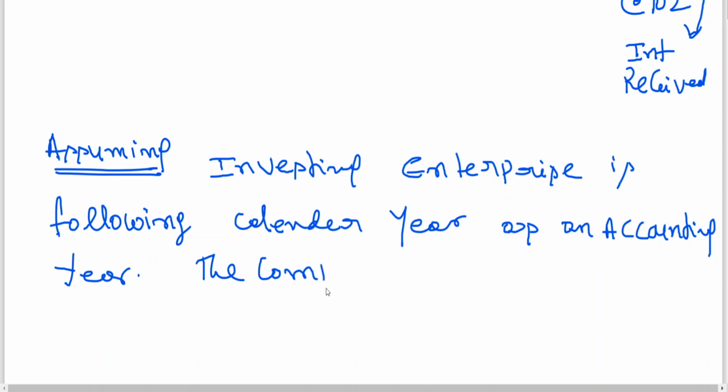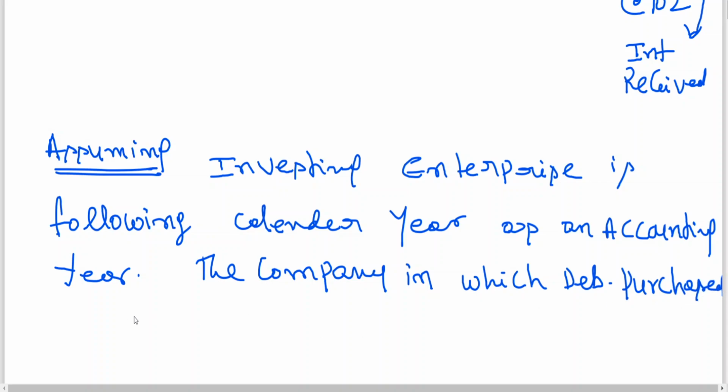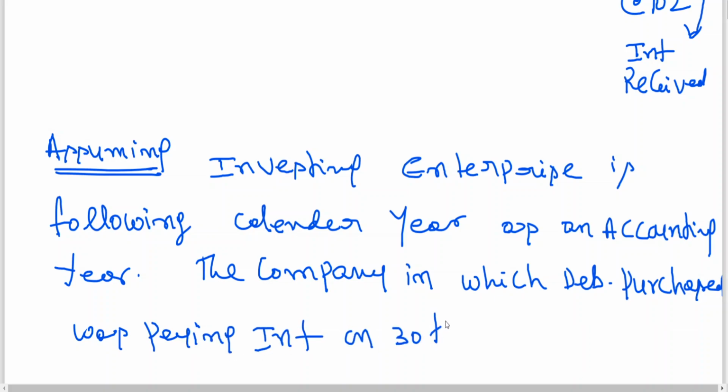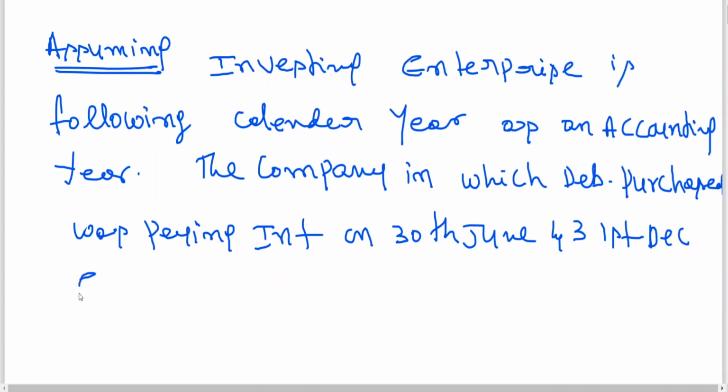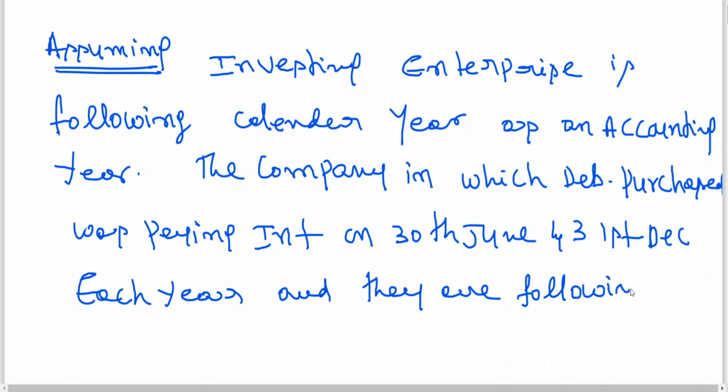The company in which debentures were purchased was paying interest on June 30th and 31st December each year, and they are following the FIFO method.